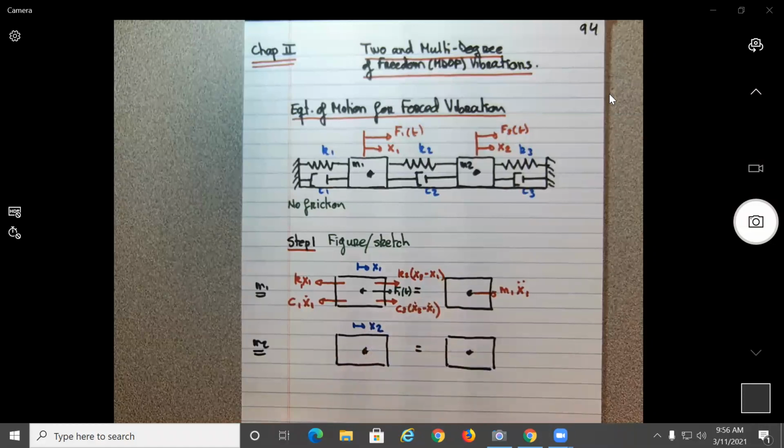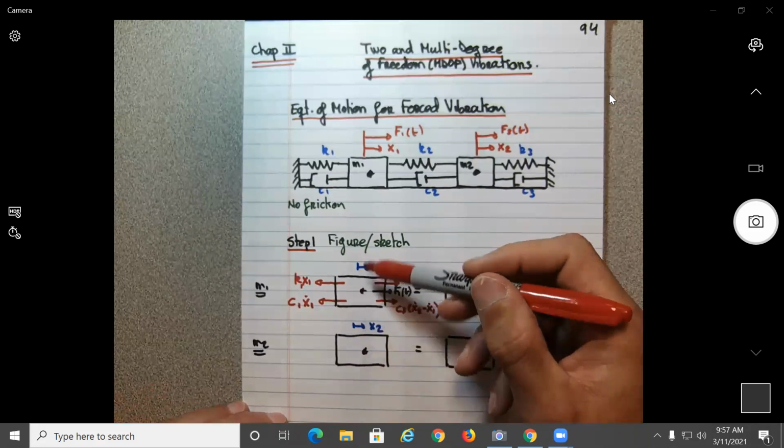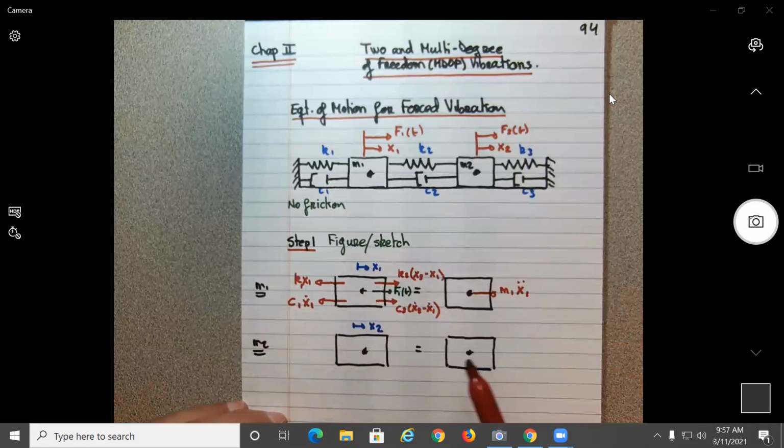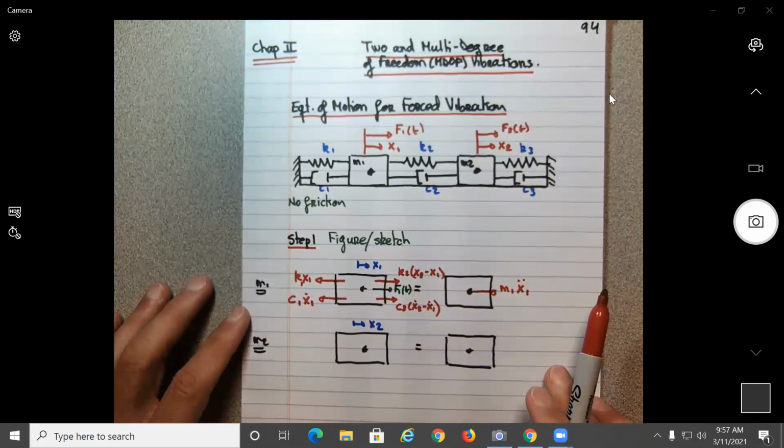Okay, and I'm not putting here by now the components in the y direction because the motion will only be in the x, okay? Otherwise, it's going to be too many things.